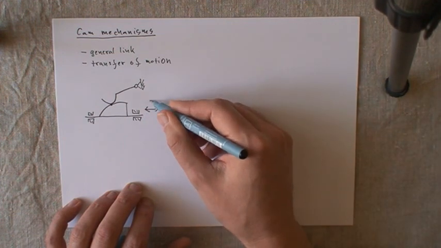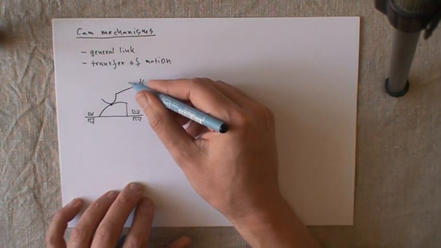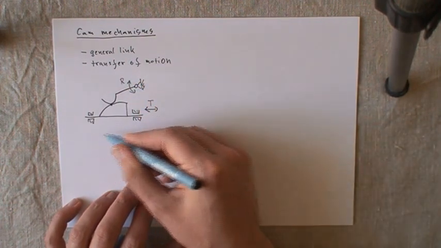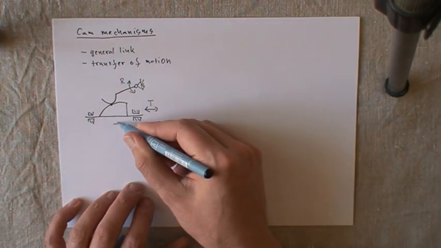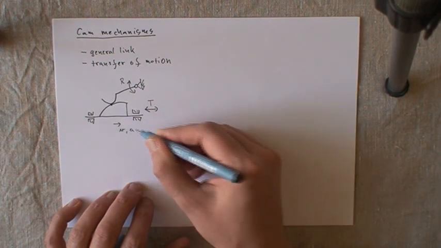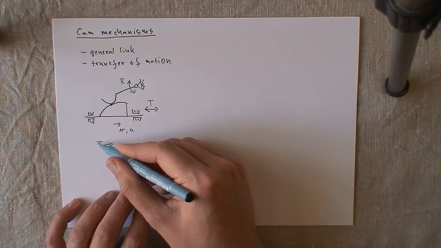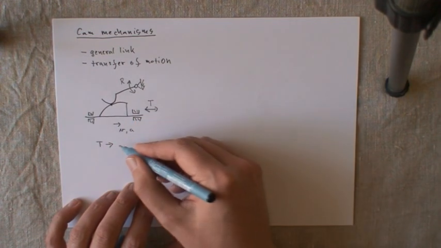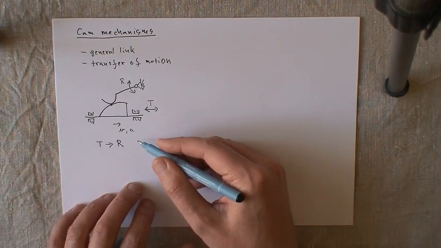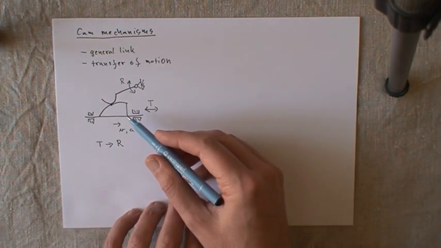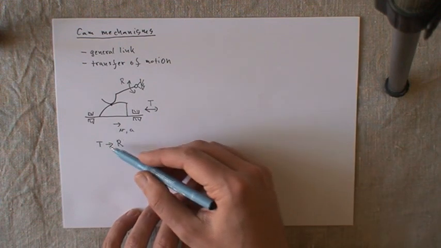So in this case we have translation and the secondary motion is rotation. So if this motion is given, for example, by velocity and acceleration, then we have transfer of translation to rotation. And we can make cam mechanisms for all the combinations.